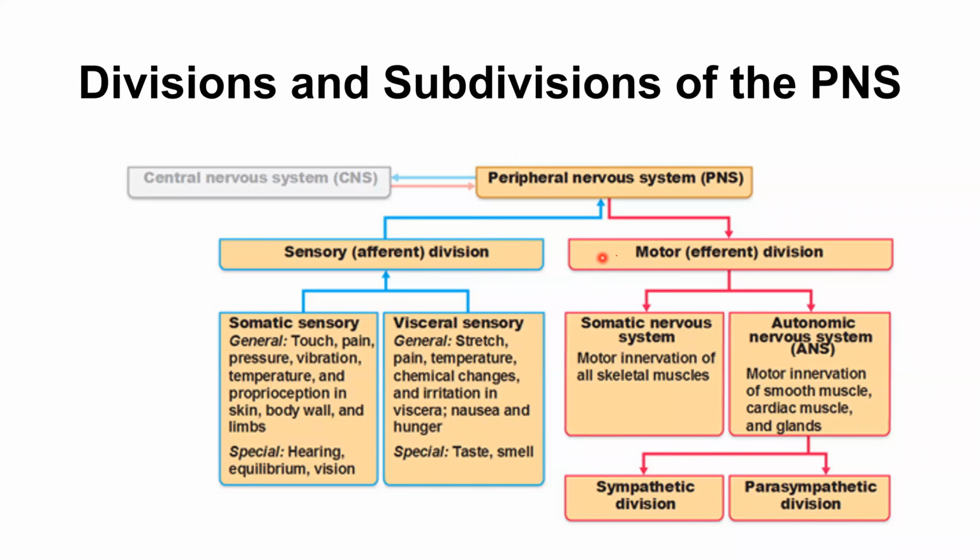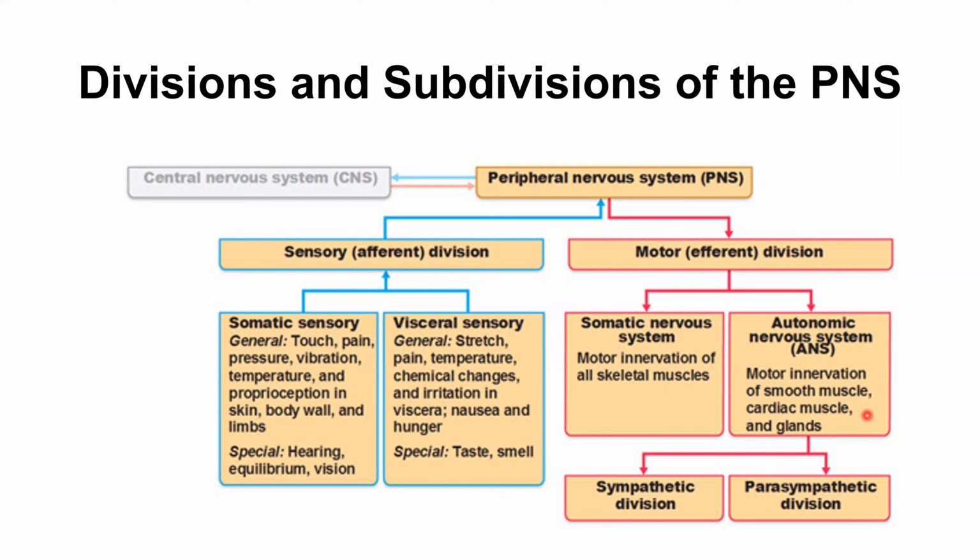Moving over to the motor division of the peripheral nervous system, this also breaks down into somatic motor. Somatic motor is going to innervate our skeletal muscle. And then sort of like we had visceral sensory over here, the other division of motor is going to be the autonomic nervous system.